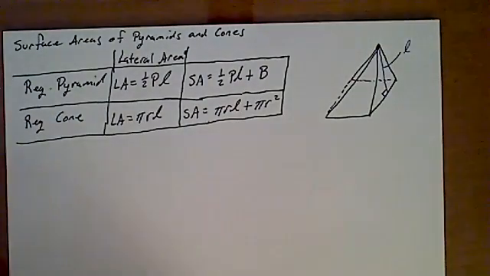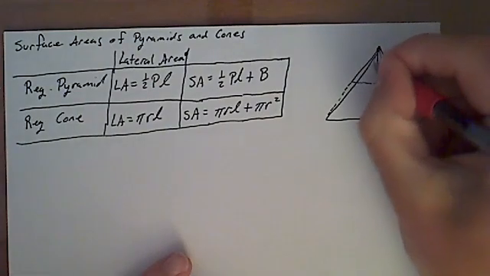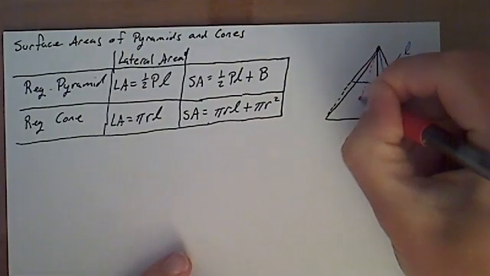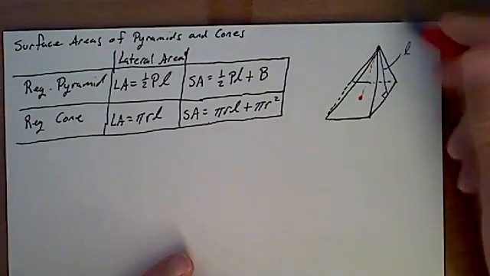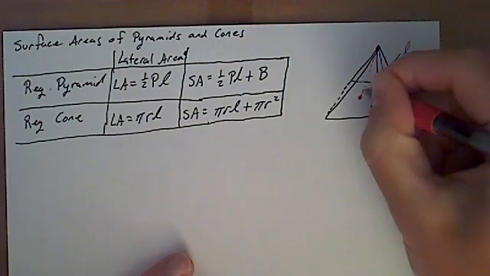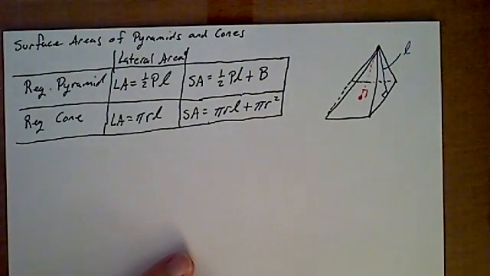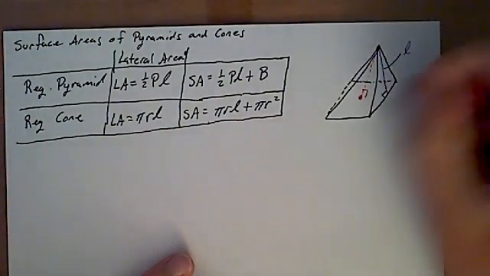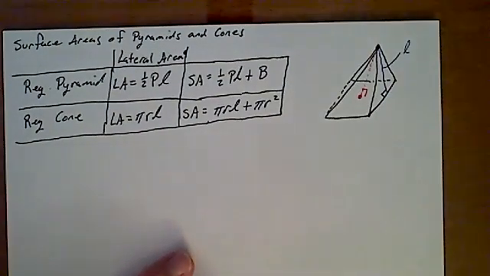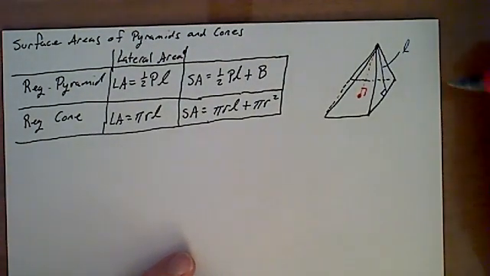The other then, though this isn't quite as important, if we drew an altitude, a height for the pyramid, right, it would be perpendicular, and it would go straight to the center of the base. So wherever the middle of the base, if we drew a circle around the regular figure where the center is, that's where it should go. And notice then that we have a few different ways that right triangles are being formed.